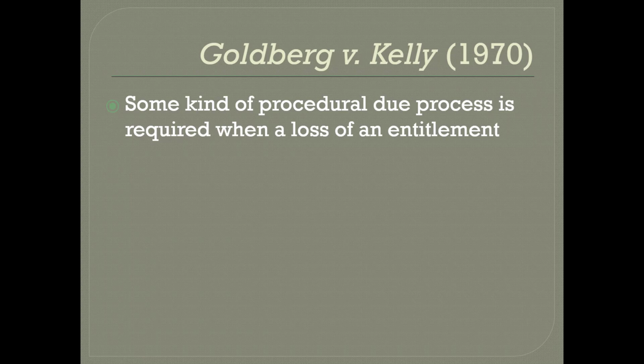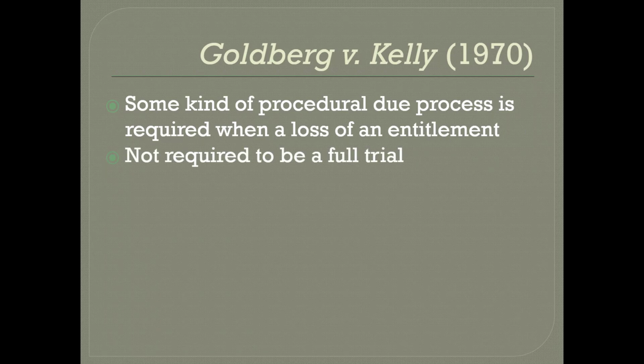If you are entitled to something under the law, maybe that's a privilege. The law certainly could be changed and that could be taken away from you. But if you're entitled to something under the law, well then all of a sudden some sort of due process was required. Now we haven't said how much due process or what kind of due process is required, but at least some procedural due process is required, whereas before it was not.